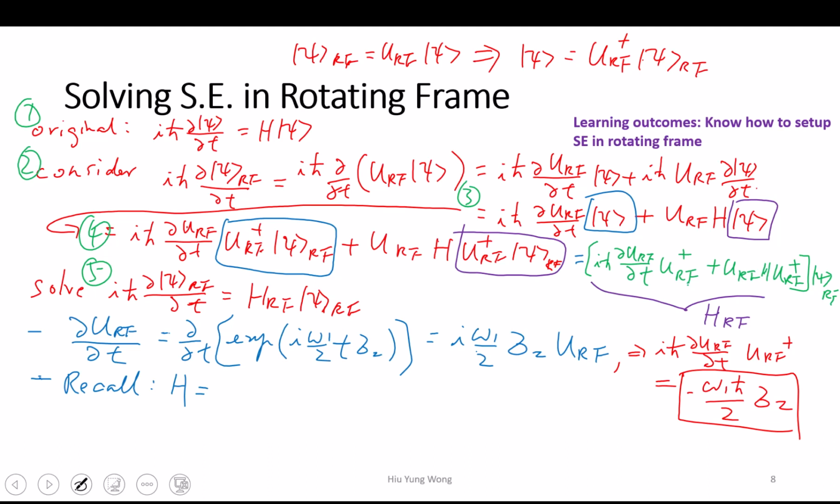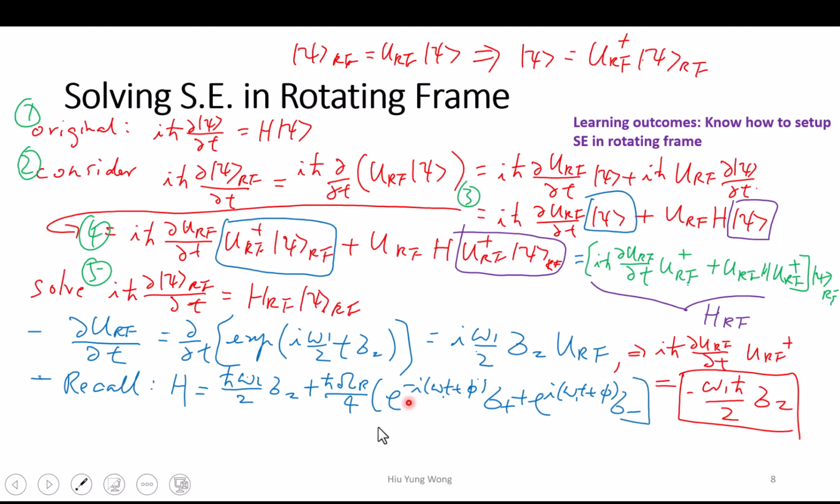Is H equal to ħω_L/2 σ_z that we proved earlier, plus ħω_R/4 times [e^(-i(ωt+φ)) σ_plus plus e^(i(ω_1 t+φ)) σ_minus]? I'm just trying to recall what we did.